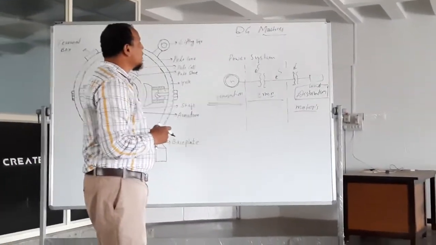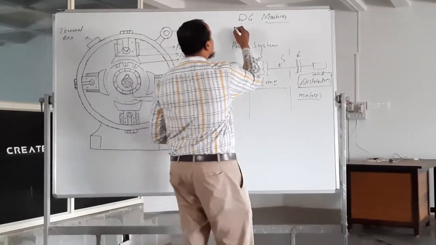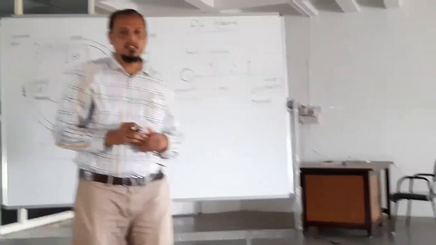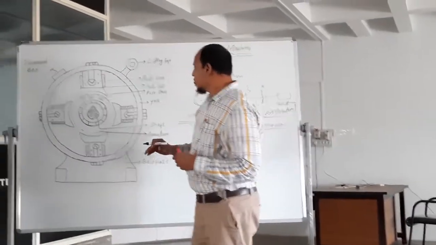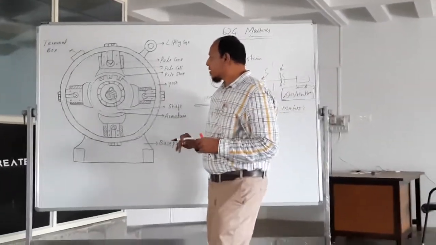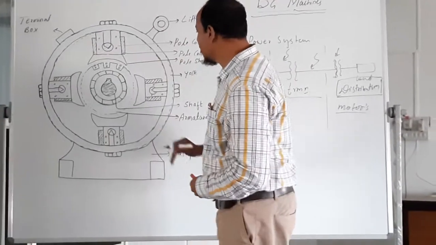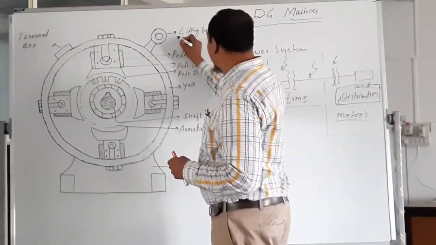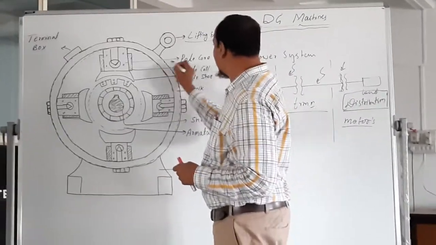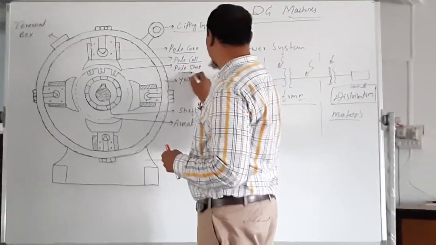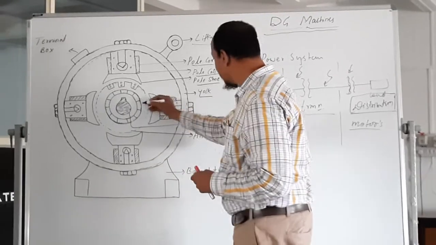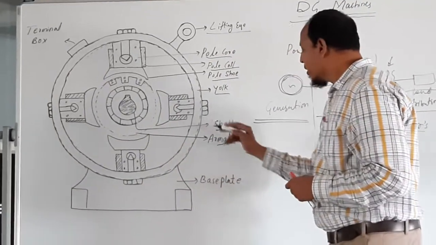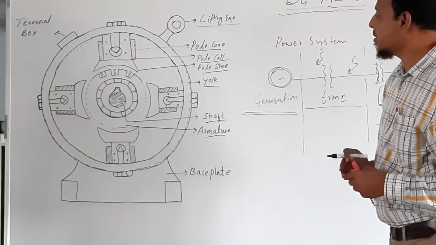Now our basic interest is in the DC machine. Observe the DC machine construction over here. This is the cross-sectional view, in which there is a lifting eye, pole core, pole coil, pole shoe, yoke, and the rotating part, the shaft and armature.